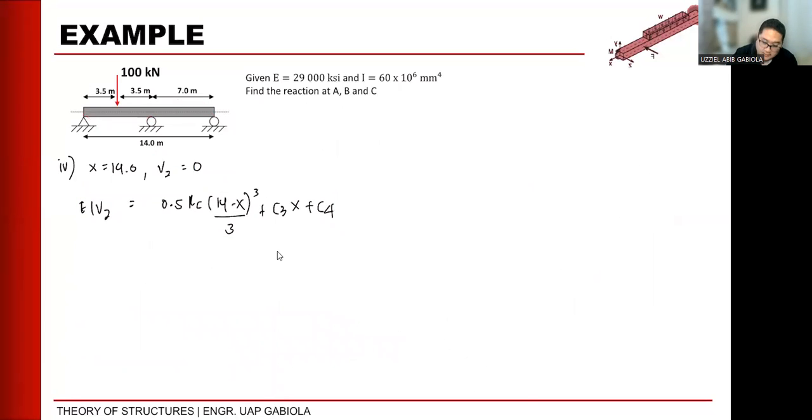So, this will be 0 is equals to, this will be 0 na yung first term plus C3 times 14 plus C4. So, meron tayong relationship ngayon na 14 C3 plus C4 ay equals kay 0. So, ito yung magiging sixth equation natin.